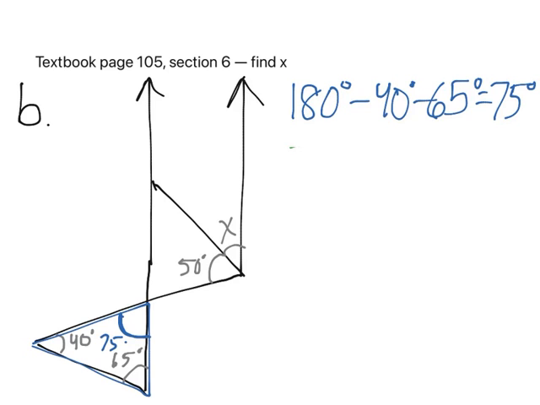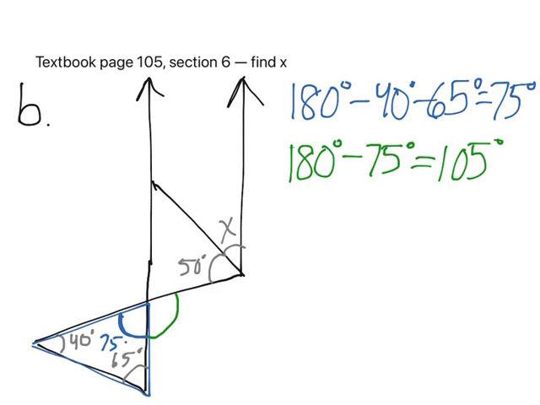Now, like we've been doing before, we know we have a straight line. Straight line equals 180 degrees. Subtract the angle we know, 75, and we get 105 degrees.